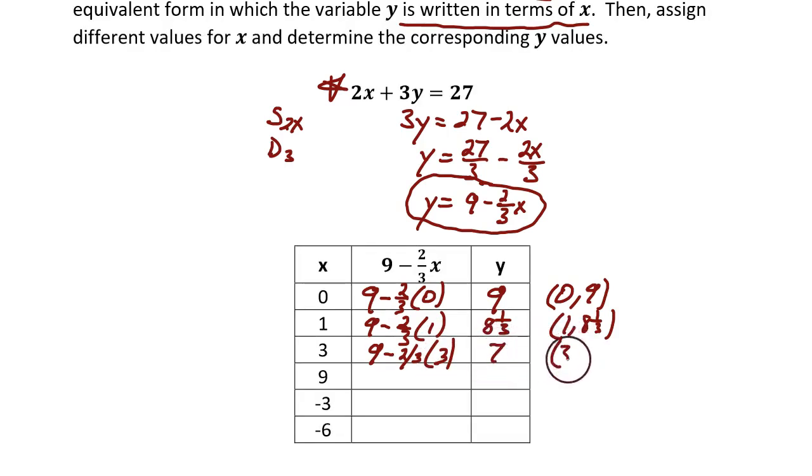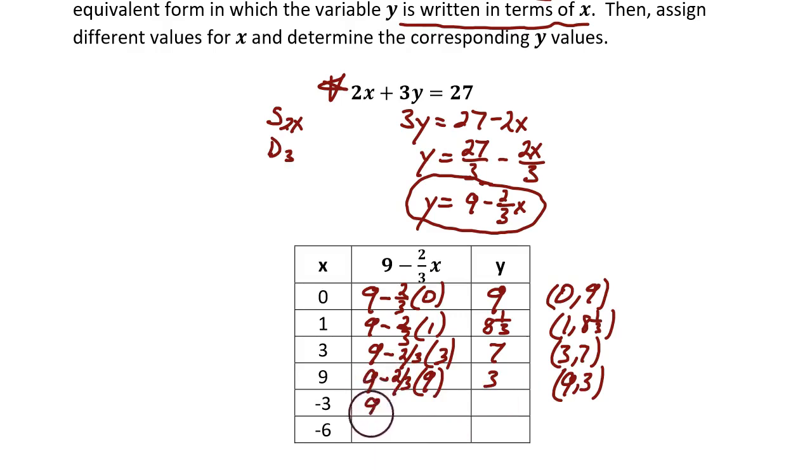This is the ordered pair, 3, 7. Now let's substitute 9 in for x. 2/3 of 9 is 6, 9 minus 6 is 3. So 9, 3 is a solution.